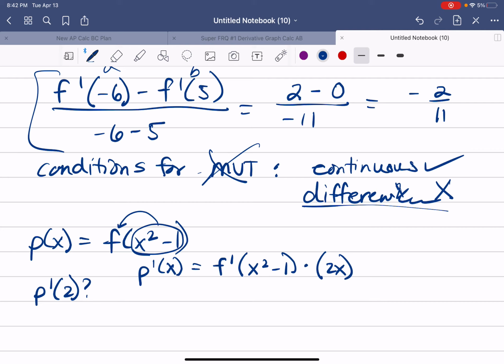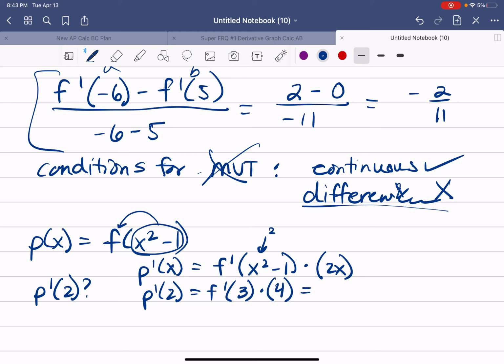That is going to come up a lot. So if I plugged in 2, P prime of 2 would be f prime of 4 minus 1, which is f prime of 3, and then times 2 times 2, which is 4.